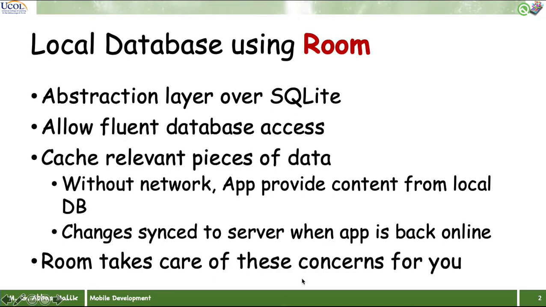So Room takes care of these concerns for you. We have designed the architecture of the mobile application in such a way that if the internet is there, it will fetch the information from the server, and if the internet is not there, it will serve the user from our local database. In this way, Room takes care of all such concerns for us.